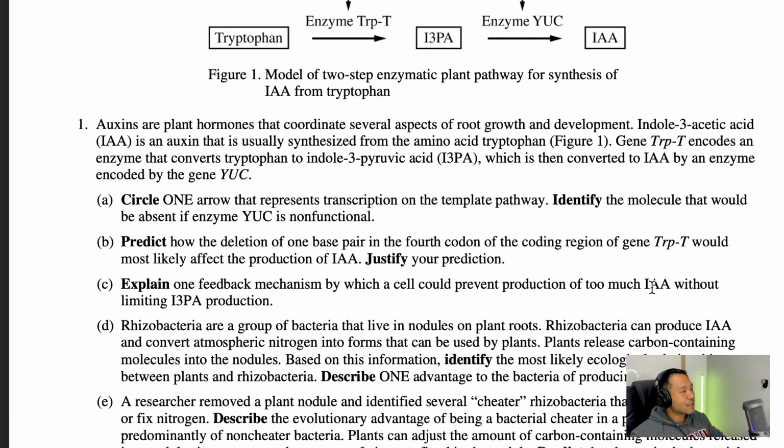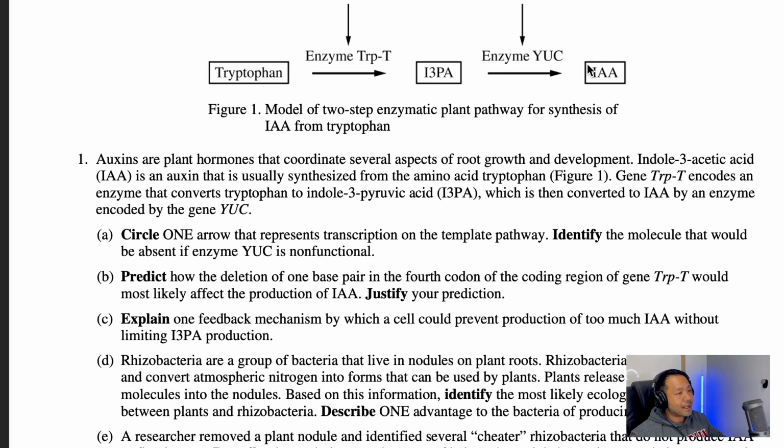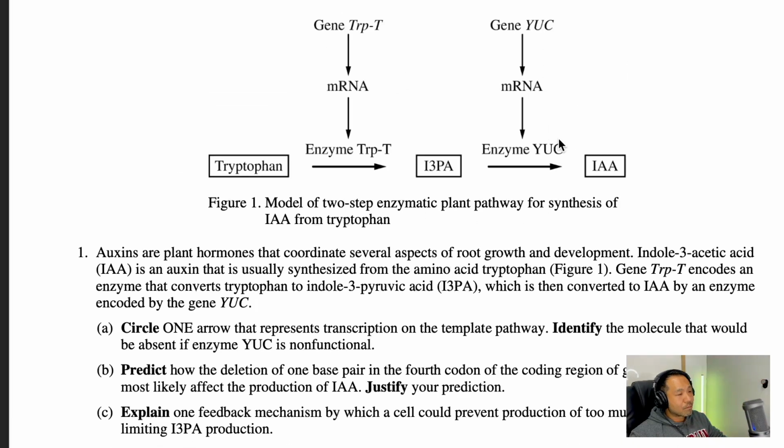So in this case, specifically, they're talking about IAA. How do we prevent too much IAA production without limiting I3PA production? We are given a bit of a caveat: IAA should not affect anything prior to I3PA. The most obvious answer is that IAA is involved in a negative feedback mechanism that could inhibit enzyme YUC.